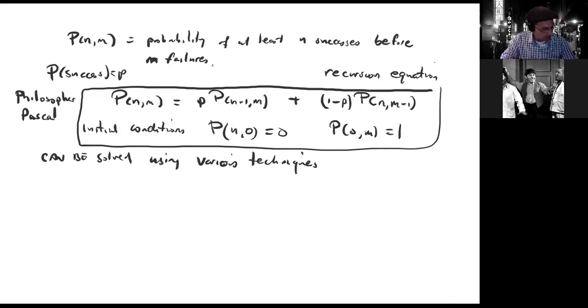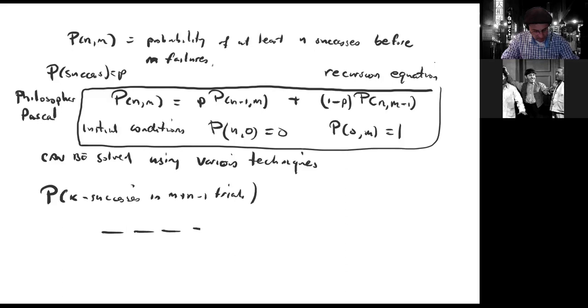What's the probability of having k successes in m plus n minus 1 trials? Well, you have m plus n minus 1 slots.